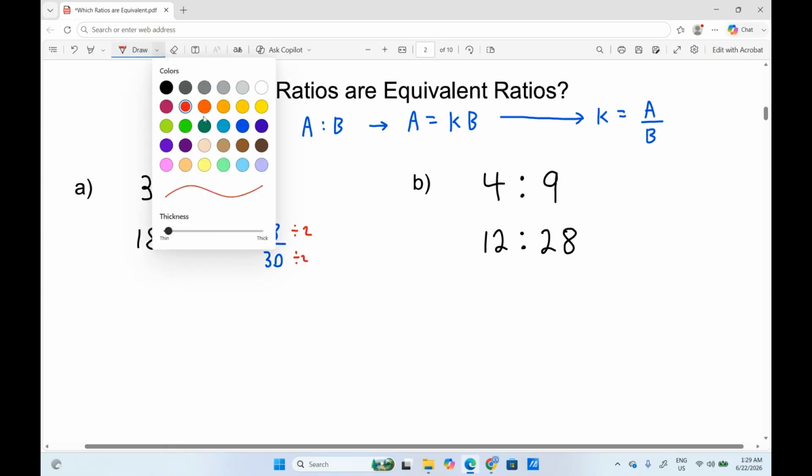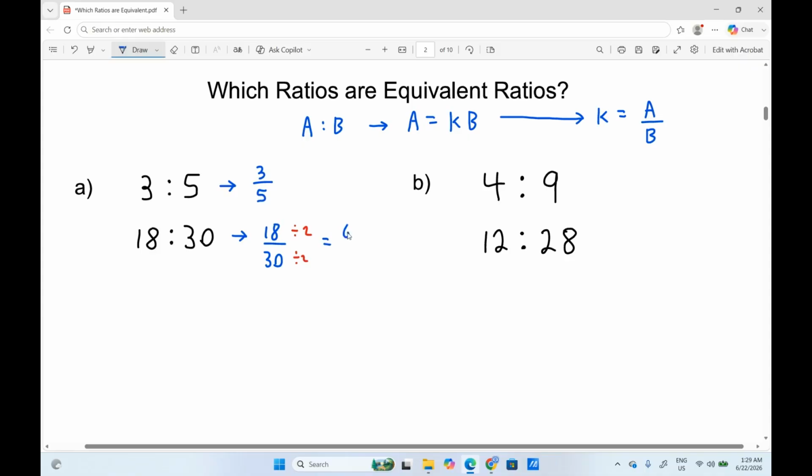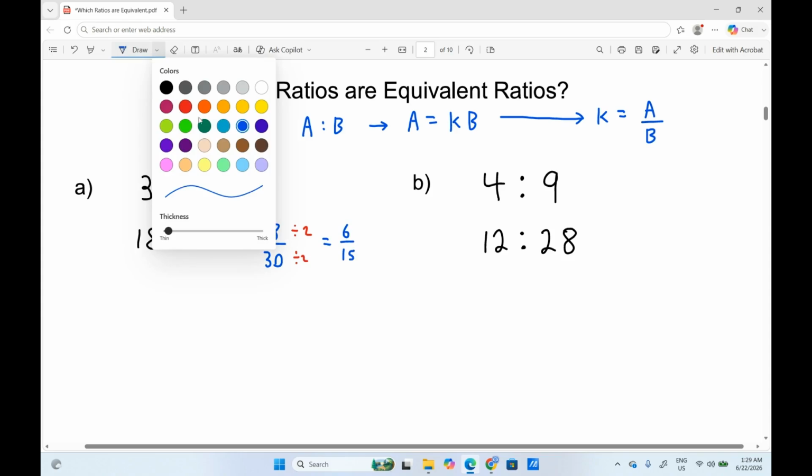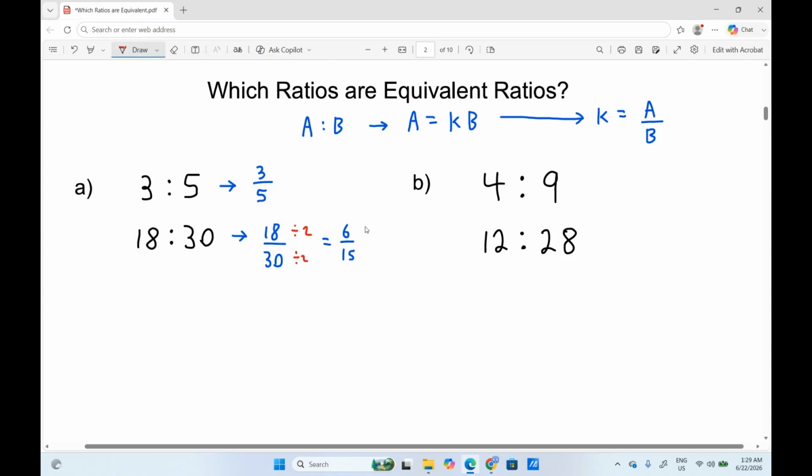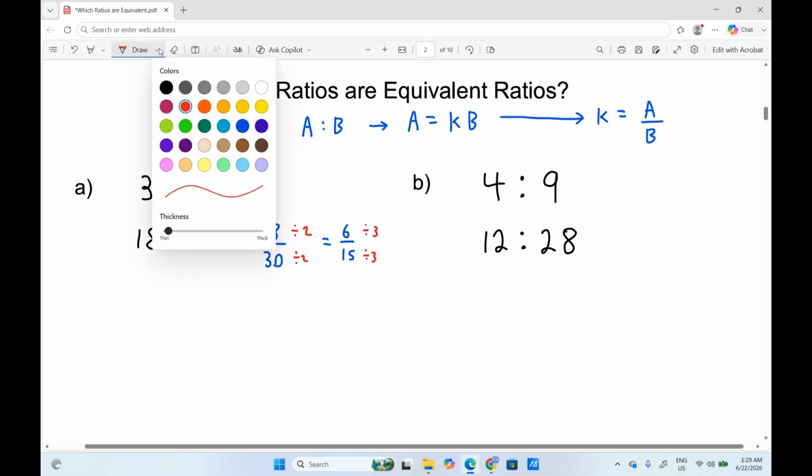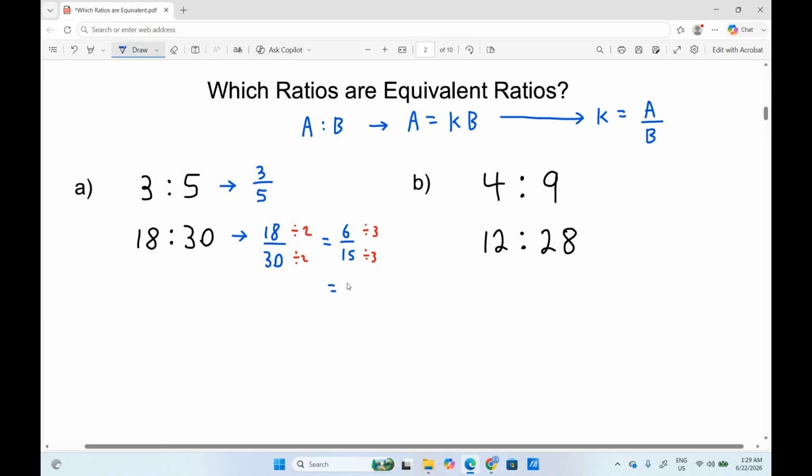And if I do that, I'm now going to get 6 over 15. And for 6 over 15, I can reduce it some more by dividing top and bottom by 3. And if I do that, I'm now going to get 3 over 5 as my final answer that can't be reduced anymore. So hence, because they have the same constant of proportionality, where K equals 3 over 5 or 0.6, you can say these are equivalent.